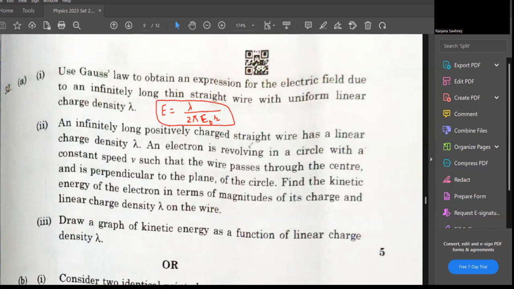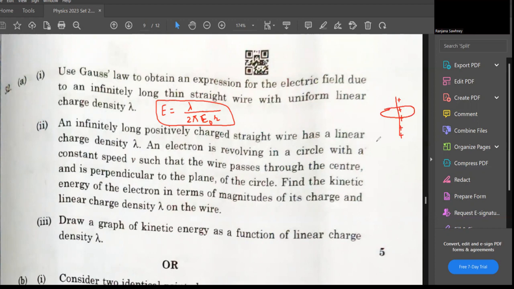An infinitely long positively charged wire has a linear charge density lambda, and an electron is revolving in a circle with a constant speed v. So this is a thin charged wire and an electron is revolving around it with a velocity v.